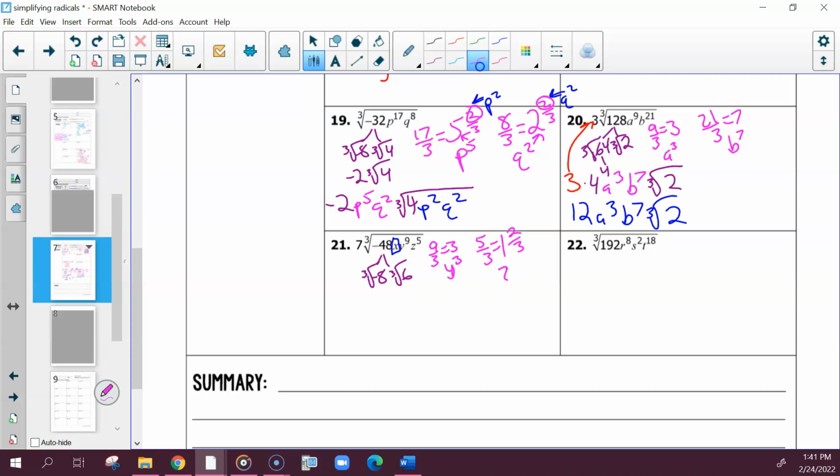So we have z to the 1st come out, and z squared stay in.